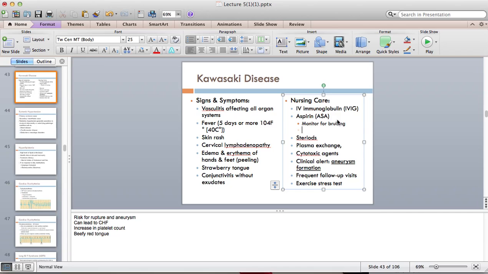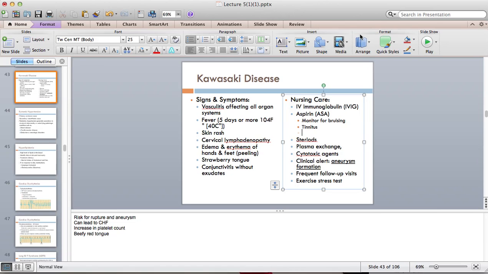Think about the side effects of that aspirin. What would you be looking for? Tinnitus? You're looking for tinnitus, you're looking for bruising, right? Because that can put that patient at risk of bleeding.